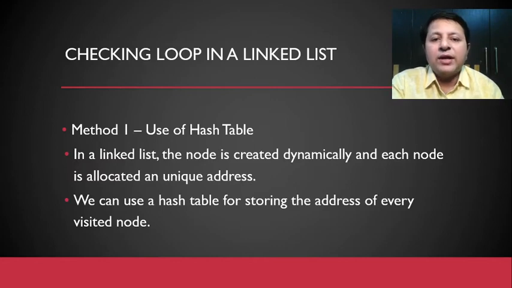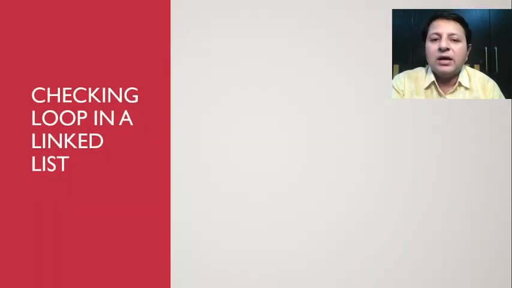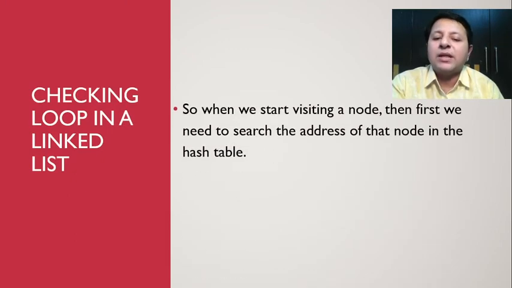If that address is already available on the hash table, obviously that node was already visited and we can clearly see that there is an existence of a loop in the linked list. If the address of the current node is not found on the hash table, we can very well store that address on the hash table and we can move ahead. So that, in very simple terms, would be the method.